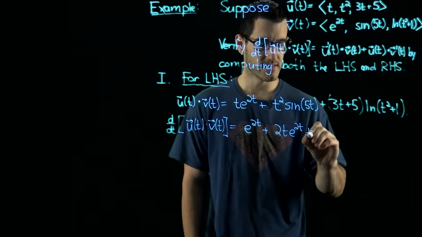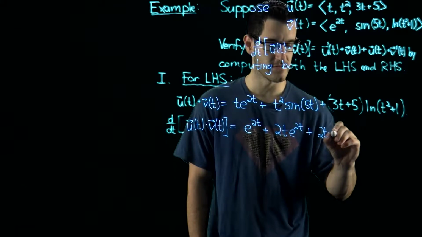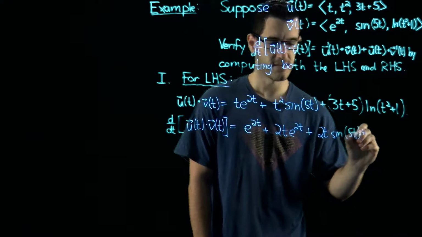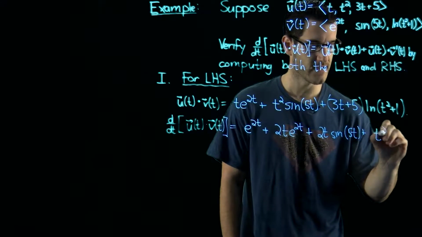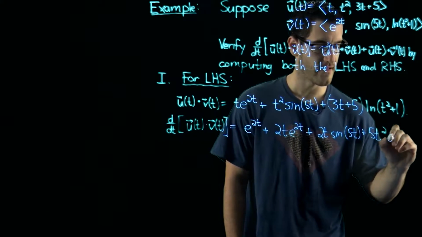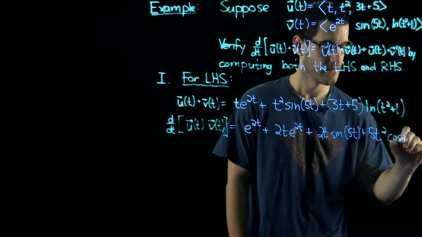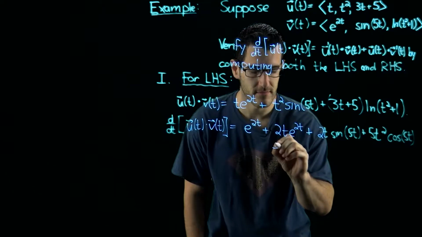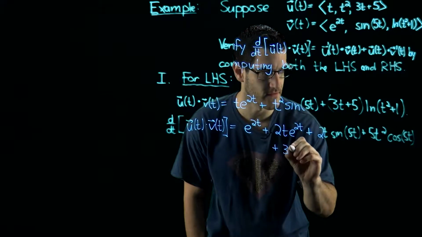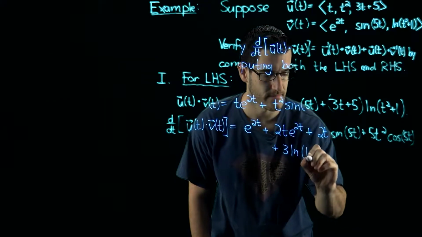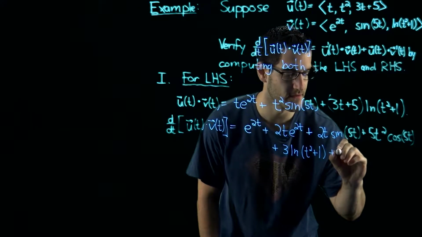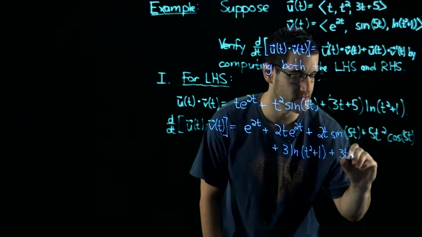The second piece here, derivative of the first is 2t times sine of 5t, plus the first, t squared, times the derivative of the second, which is going to be 5 cosine of 5t. And then for the last piece, which I'll write under here, derivative of the first is 3. And then the first times the derivative of the second, we'll have a 3t plus 5.